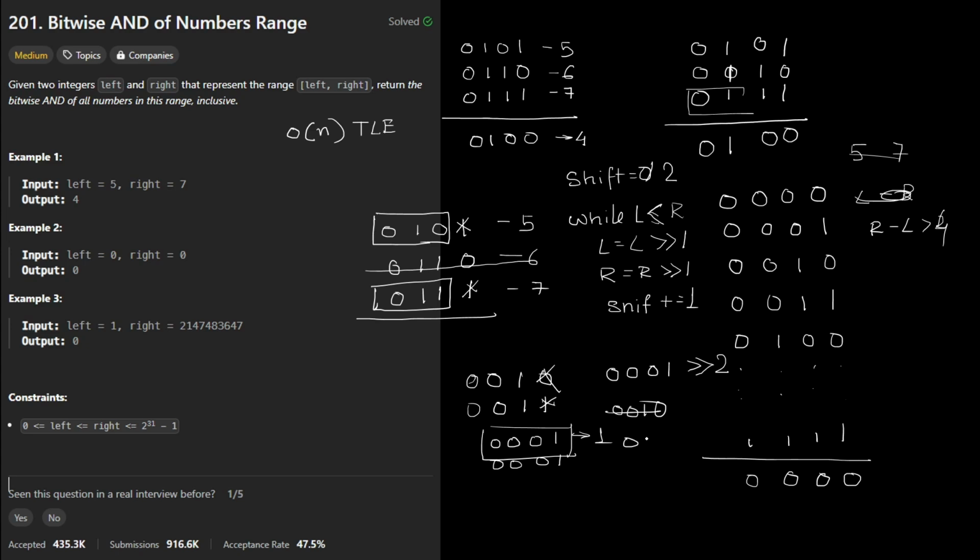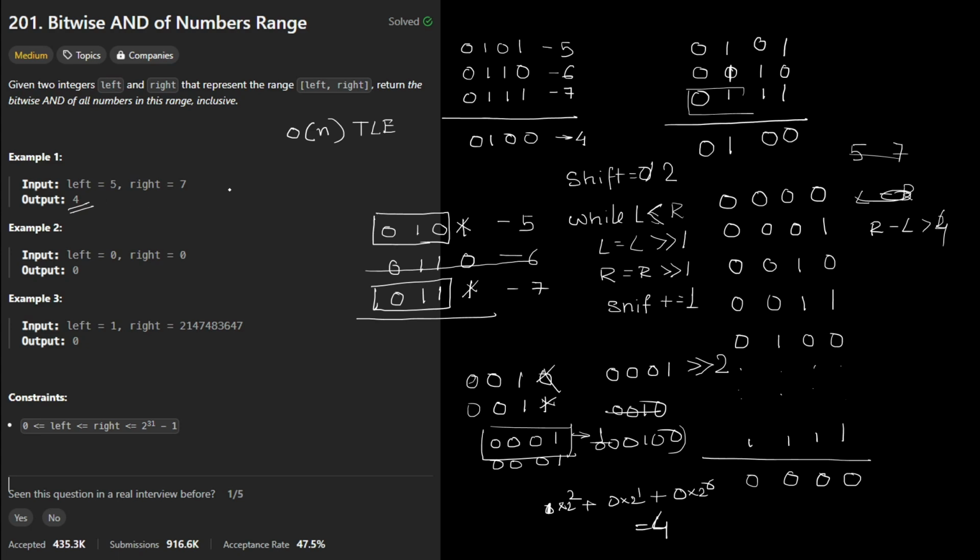So it would be 0 1 0 0. And here other zeros will come on. And if I take the integer or decimal value of it, it would be 0 into 2 to the power 0 plus 0 into 2 to the power 1 plus 1 into 2 to the power 2. So the value we are going to get is 4. And here we are able to see 4 is the output.